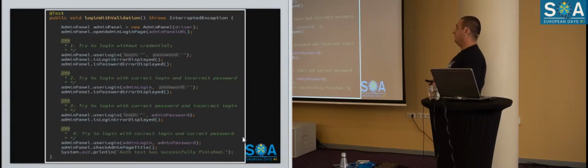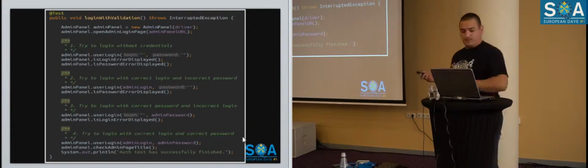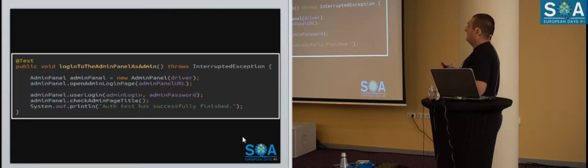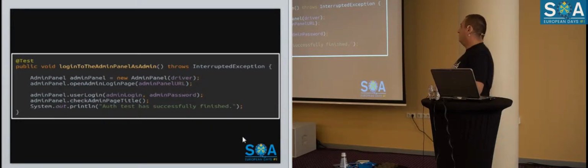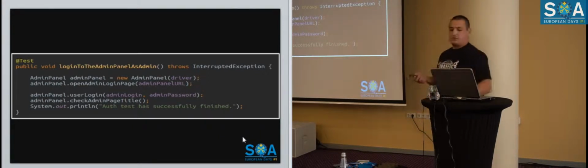Some blocks of the code are here, and at least the names of the methods are more or less logical, so one can say that this test is adequate. The maximum or perfect example of a test is something like this. Looking at its name, you can check that we verify the entrance to the admin panel, and we enter our admin panel, and we check the title, and we see that the test has been successfully completed.